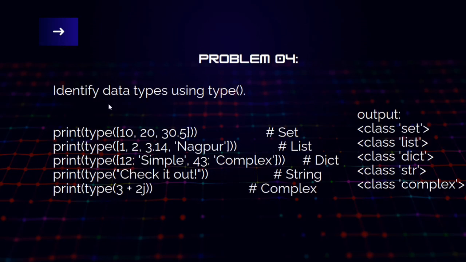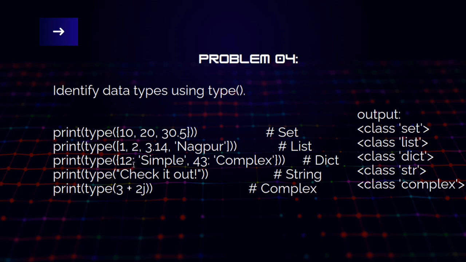Problem 4. To identify data types using type function. Print type of curly braces 10, 20, 30.5, and the type of this is set. Print type of 1, 2, 3.14, in single quotes Nagpur, enclosed in square brackets, will give the type as list.